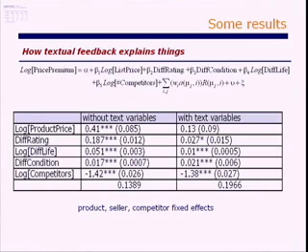So having a higher rating than your competitors leads to a higher price premium. Having transacted longer leads to a higher price premium. And the more competitors that you're competing with at any point in time, the lower the price premium that you're charging. Okay, all fairly intuitive.